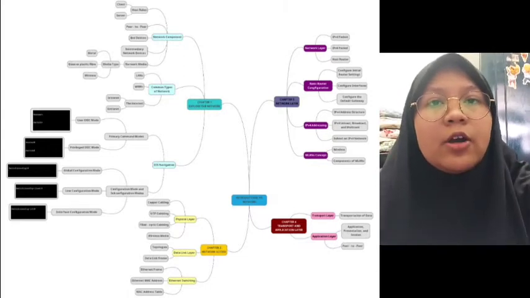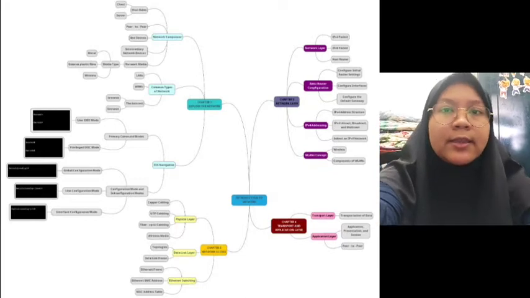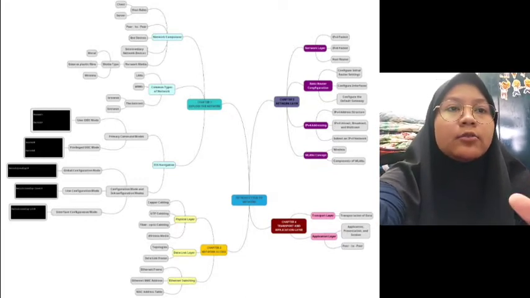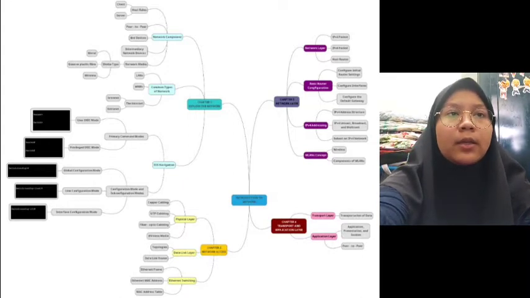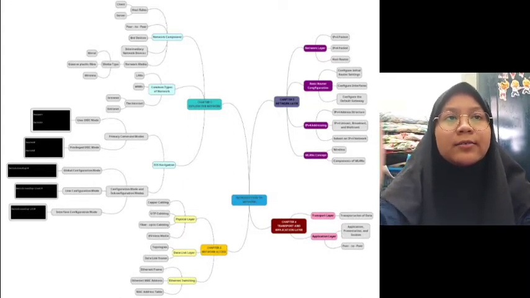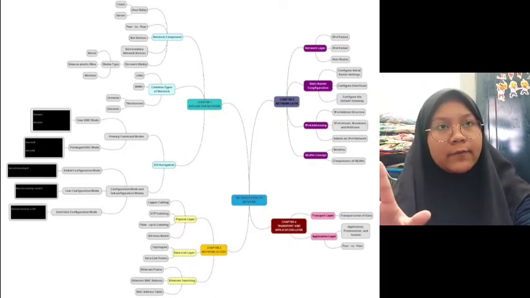Now we're moving on to data link. As we can see, there are two topics: topologies and data link frame. So I'm going to explain what data link is. Data link is the layer responsible for communication between end device and network interface card.